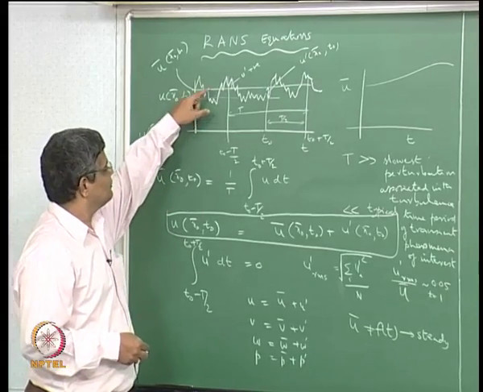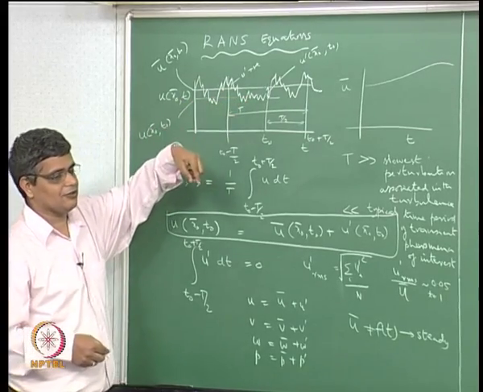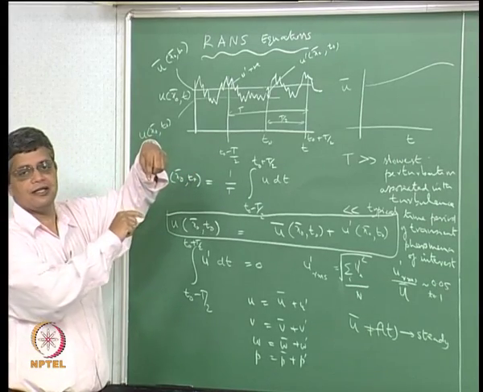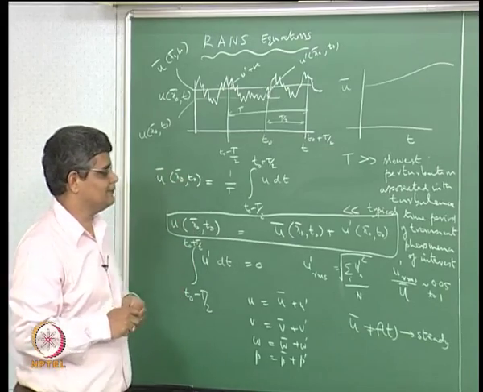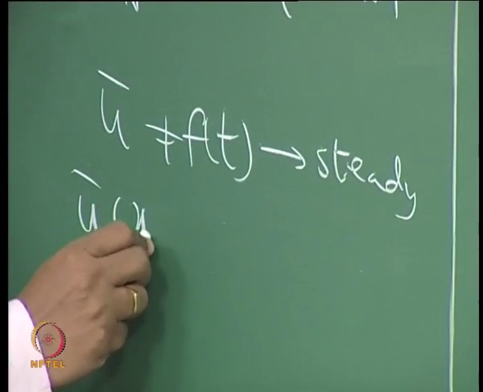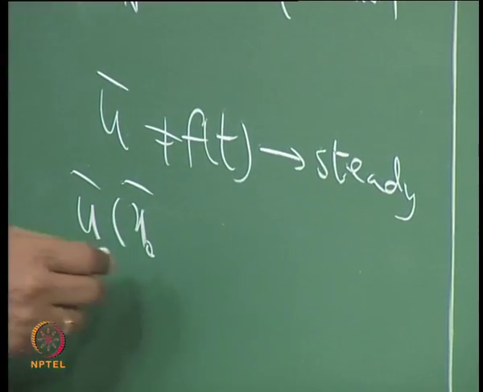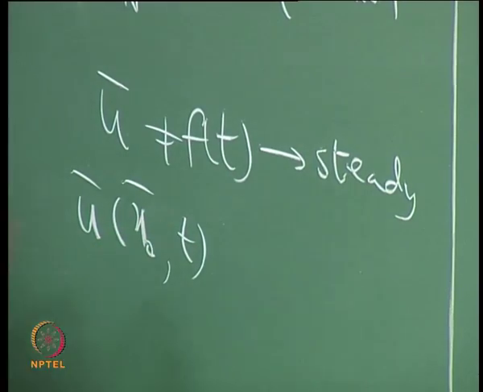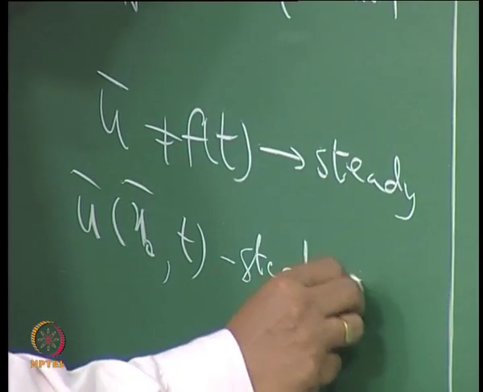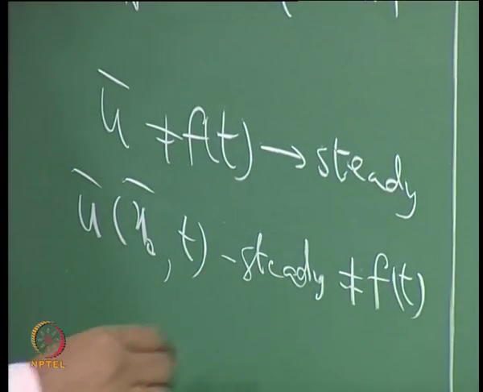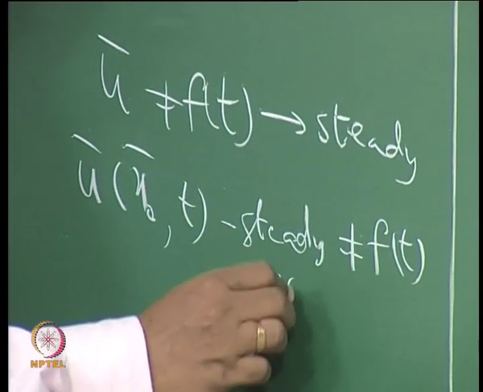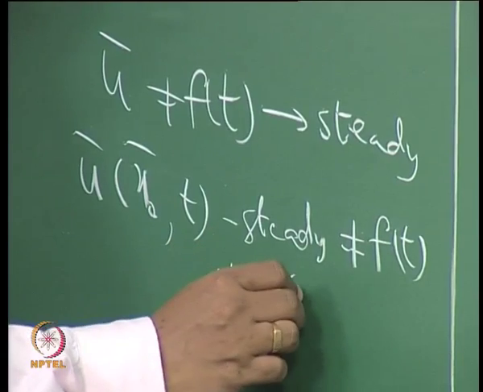Okay, so although instantaneous velocity will change, the time average quantity will not vary, but if you were measuring the velocity at a different radial location, then definitely we can expect it to differ. So u bar as a function of generalized spatial coordinate x naught and t will be steady if it is not a function of time, and it will be homogeneous if it is also not a function of x naught.